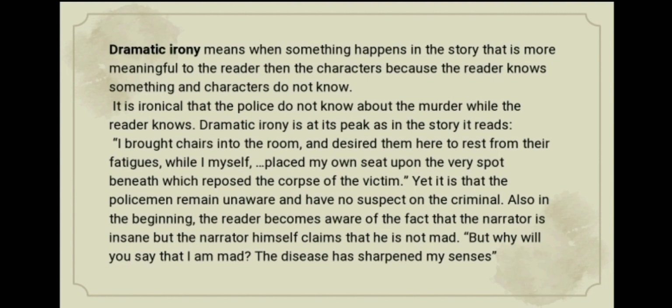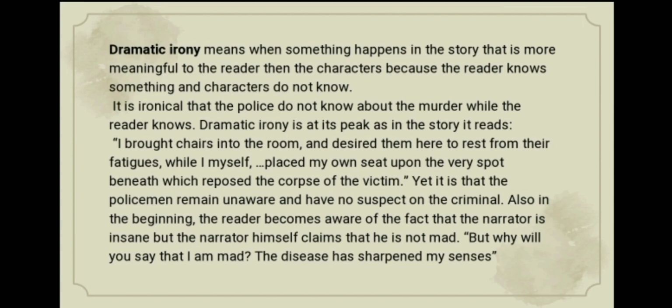Dramatic irony is at its peak in the line, "I brought chairs into the room and desired them here to rest from their fatigues, while I myself placed my own seat upon the very spot beneath which reposed the corpse of the victim." Yet the policemen remain unaware and have no suspicion of the criminal.